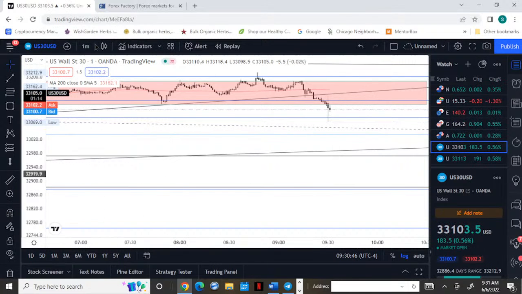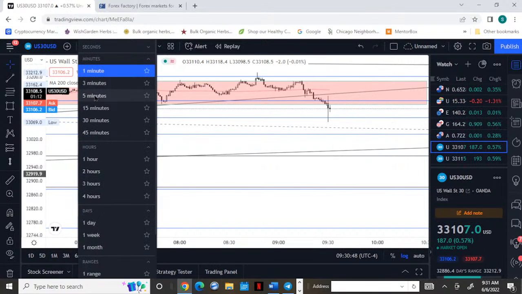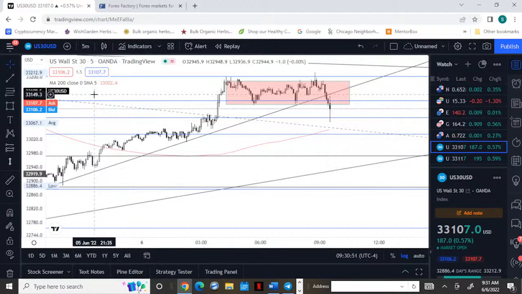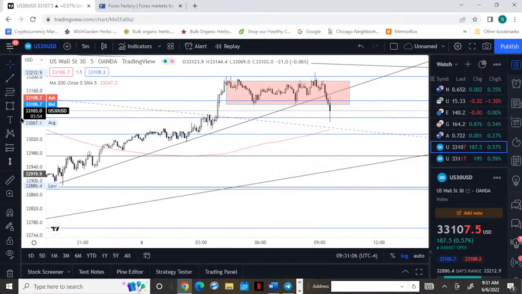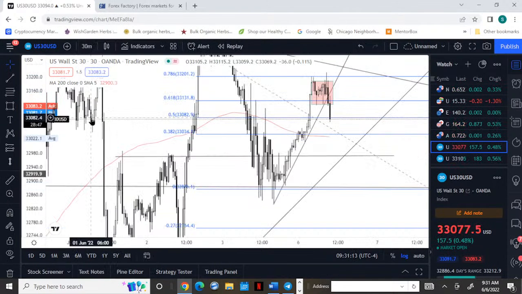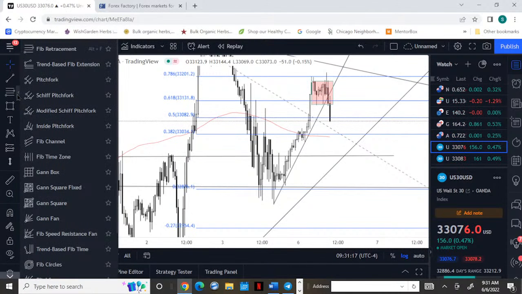What do we have? Let me retest on the 1 minute. Yep, we should have got in right there at that retest when it pulled back some.